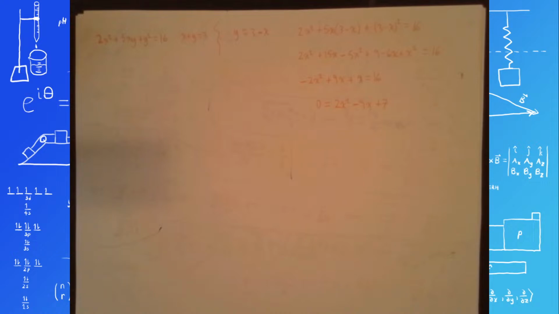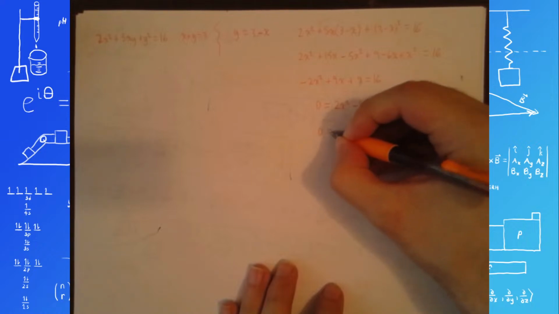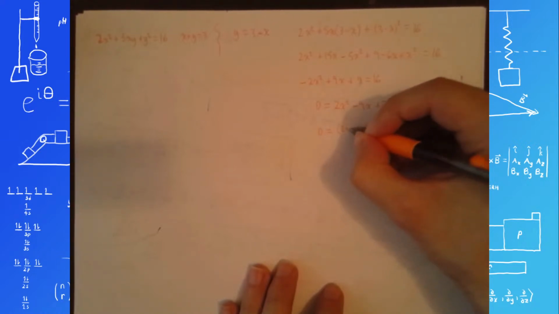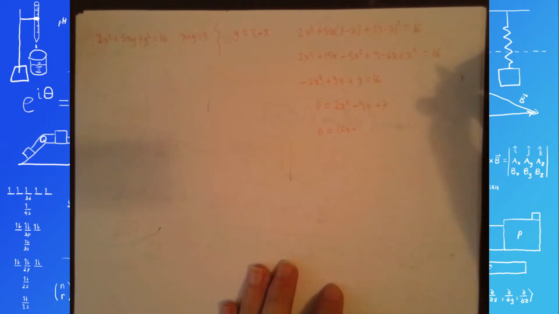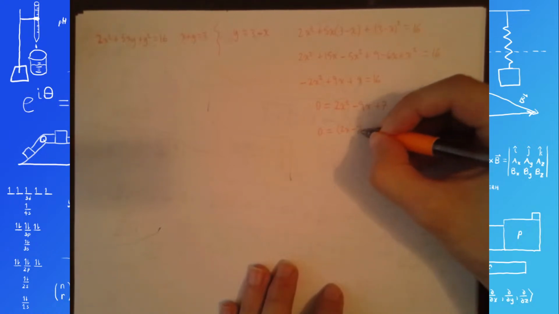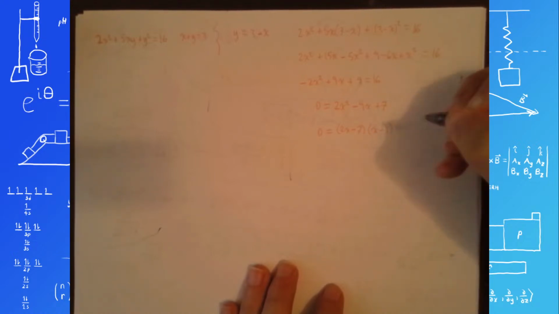1 and 7, yeah, 1 times 2 plus 7 times 1. Well, it factors into, they're going to be minuses, so I'm going to have 2x minus 7 and x minus 1.